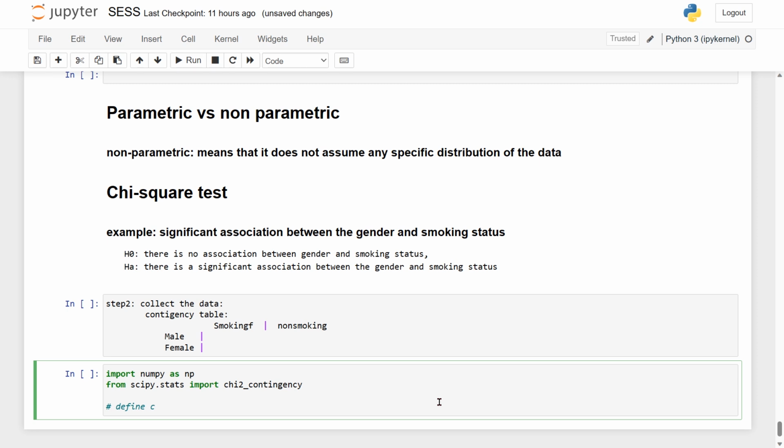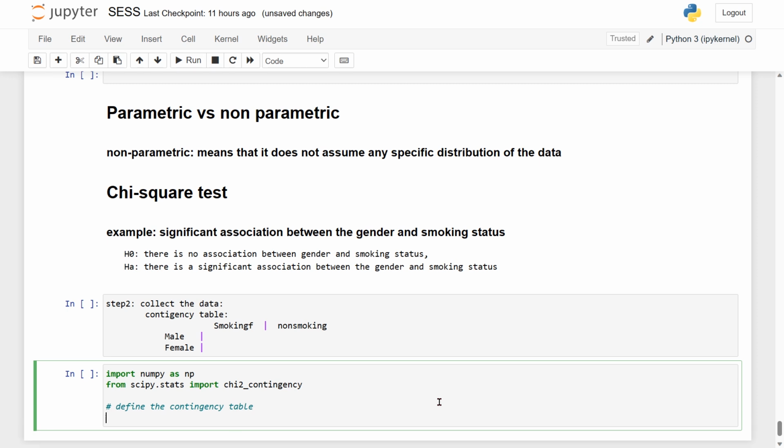So define the contingency table. Observed is equal to, this is the observed frequency, np.array, and two lists: first 100, 100, let me take 150, that would be fine, and 50, 50. Then 200, 200, 300, then 100.